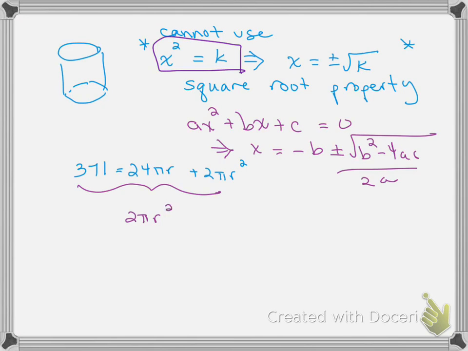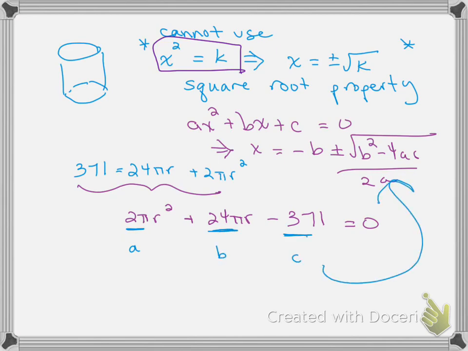We have 2 pi r squared plus 24 pi r minus 371 equals 0. So, here's your A, here's your B, and here's your C. And you're just going to put those values in the quadratic formula. All right, so hopefully I've addressed that question. If not, let me know.